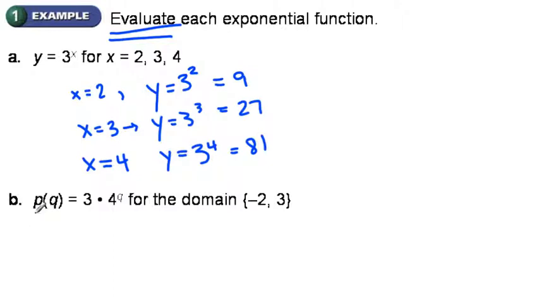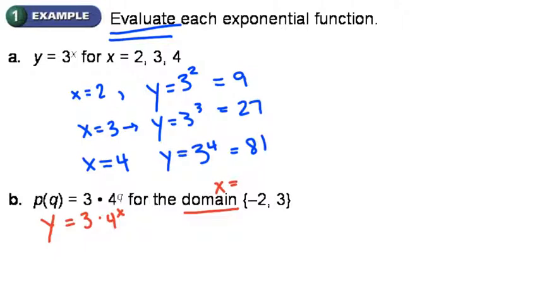This P of Q is the same as y. This 3 goes there, times 4. This Q is the same as the x. So it's the exact same thing that we looked at up here. And when it says domain, this just means your x equals, right? So I promise you, not hard there.